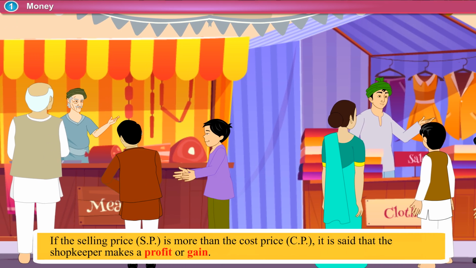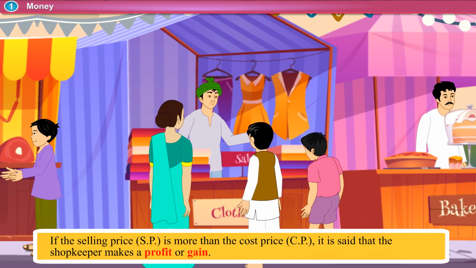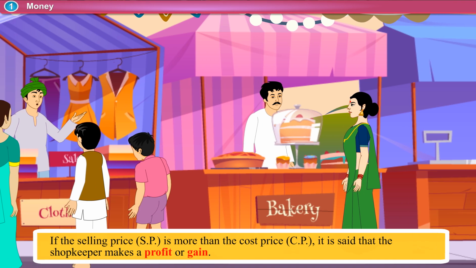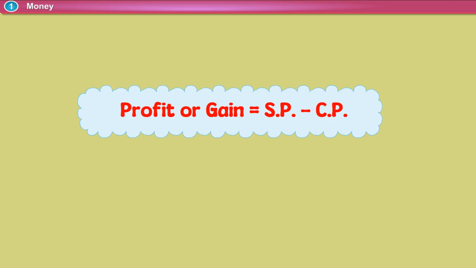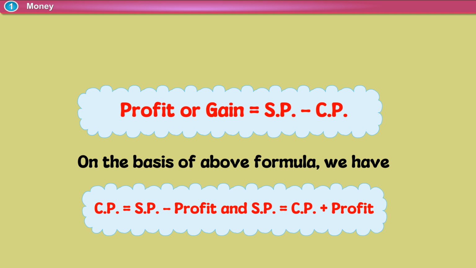If the selling price, SP, is more than the cost price, CP, it is said that the shopkeeper makes a profit or gain. Profit or gain is equal to SP minus CP. On the basis of the above formula, we have CP is equal to SP minus profit and SP is equal to CP plus profit.